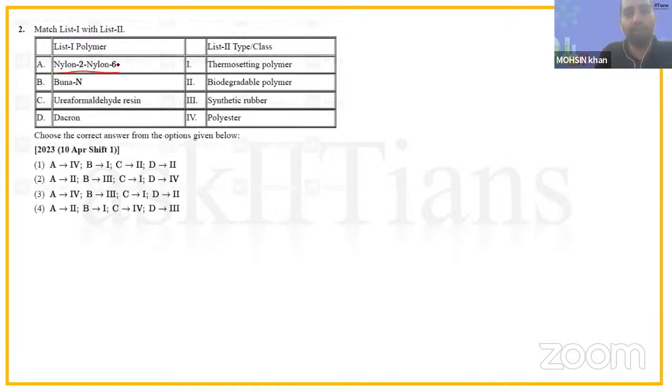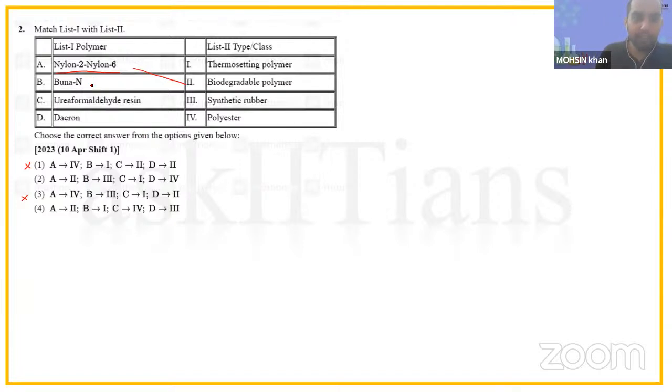So nylon 2, nylon 6 is a biodegradable polymer, so we will match it with 2. So A will be 2. We will also check from the options. In the third option we have 4, and in the first option we have 4, so 1 and 3 cannot be the answer. In the second and fourth options we have 2, so the answer will be from 2 and 4.